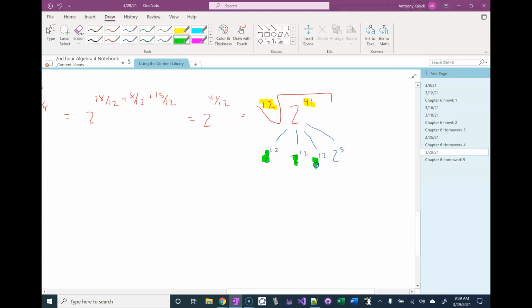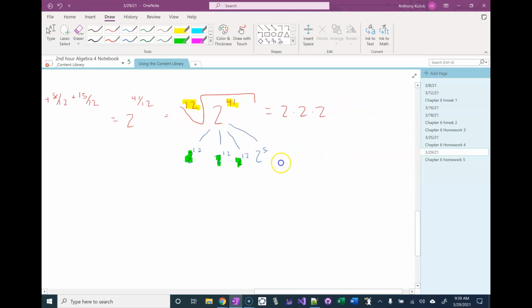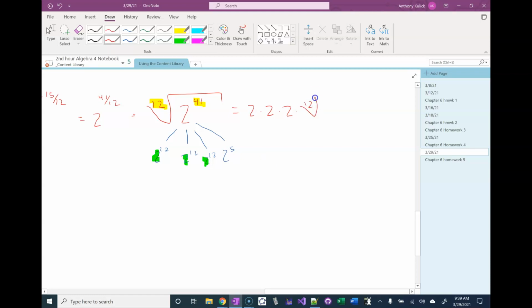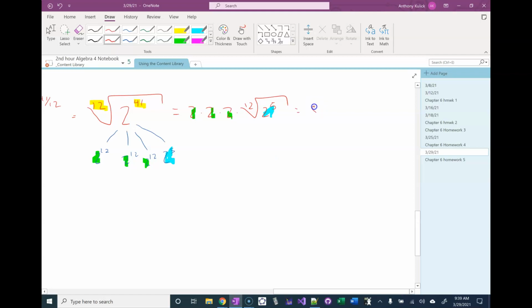So I have 1, 2, 3 2's that I can take out front. And then I still have those 5 2's left underneath. Everybody okay there? And then I can just multiply my stuff together. So 2 times 2 times 2 is 8. And 2 to the 5th is 32.